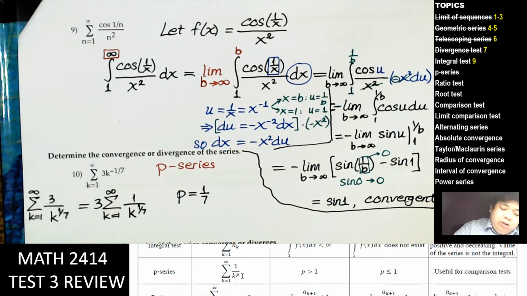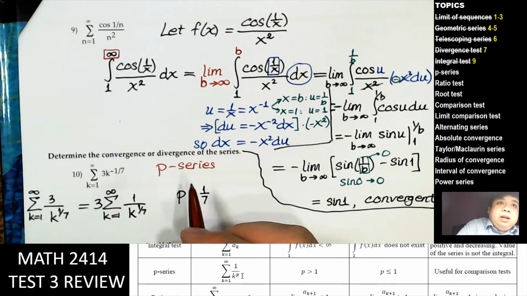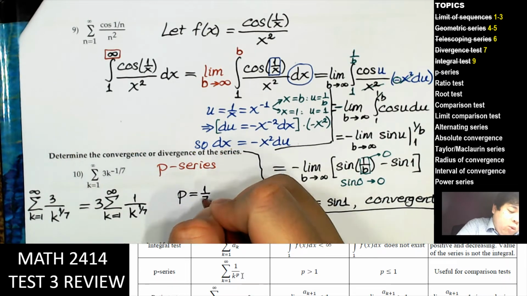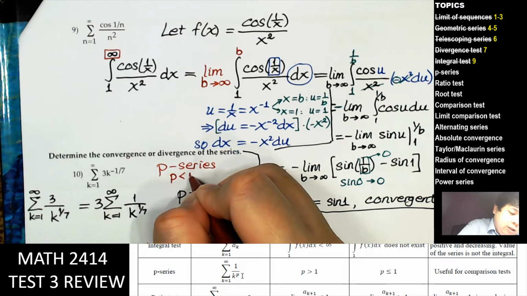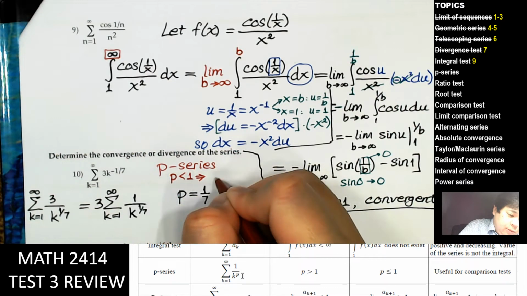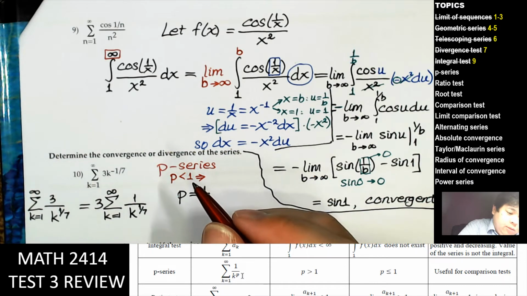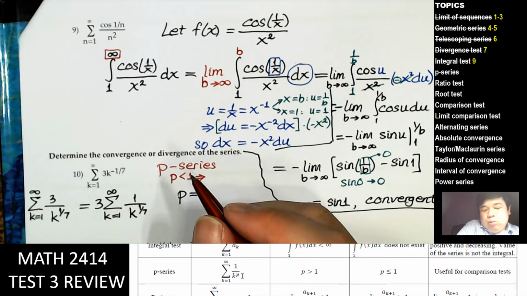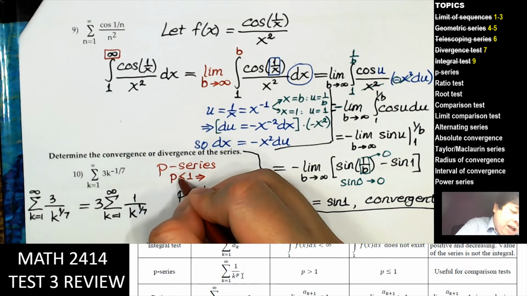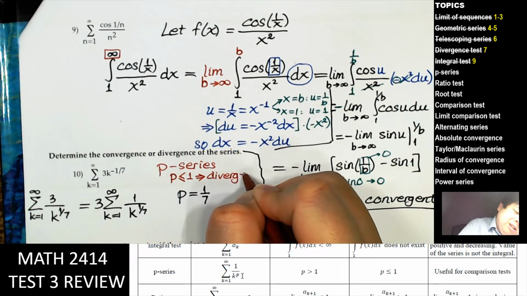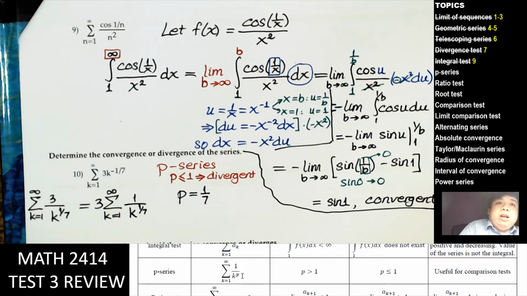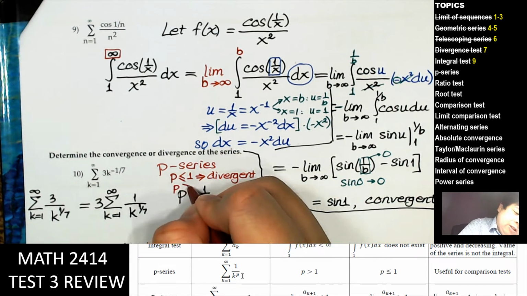For the P series, if P is less than 1, it is convergent. I'm sorry, it should be the other way around. P less than or equal to 1 is divergent. P greater than 1 will be convergent.